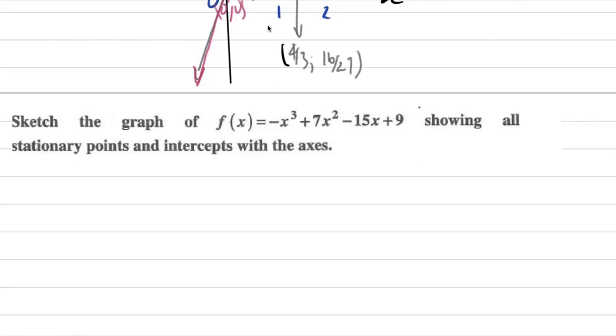First we have our function, which is negative x to the power 3. What does that say to us? Let me just write it down.